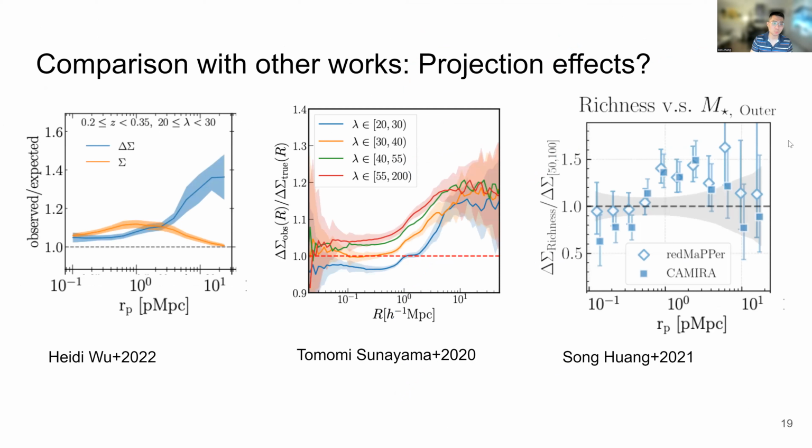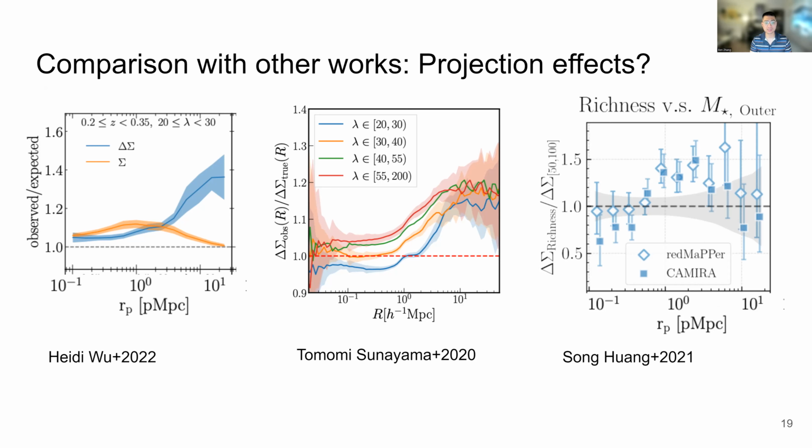Lastly, we compare our work to other works. Heidi Wu, using a Buzzard simulation, compared the redMaPPer selected clusters, redMaPPer being an optical cluster finder, versus clusters selected by their true mass, and found a positive bias when comparing the ratio.